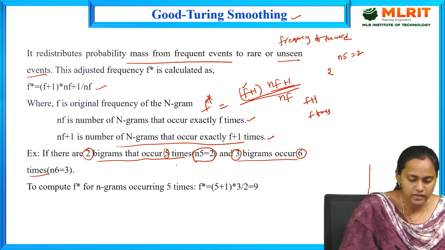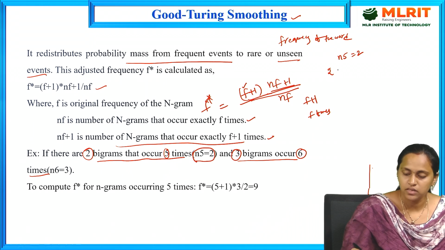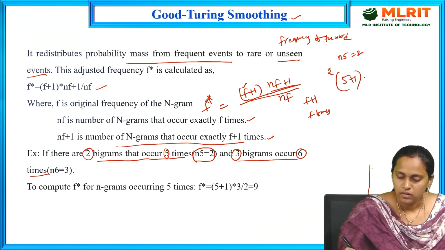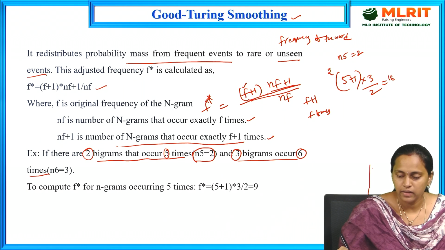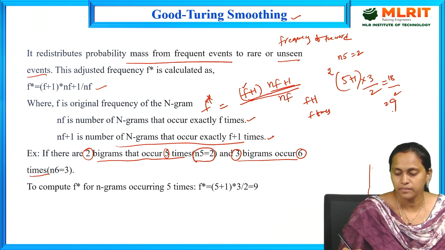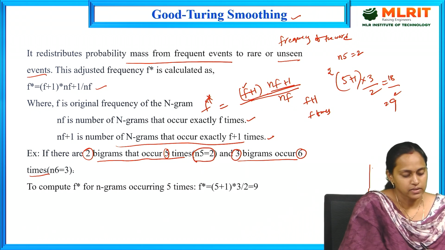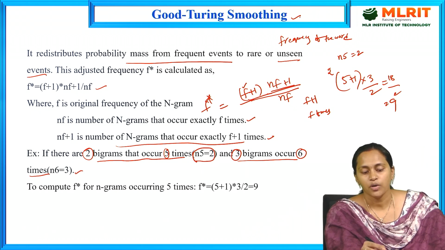To calculate F star for n-grams occurring 5 times, it is 5 plus 1 into 3 by 2, that is 18 by 2, that is 9. In the same way, you can find it for the bigrams occurring 6 times. This is the overall explanation of the Good-Turing smoothing method.